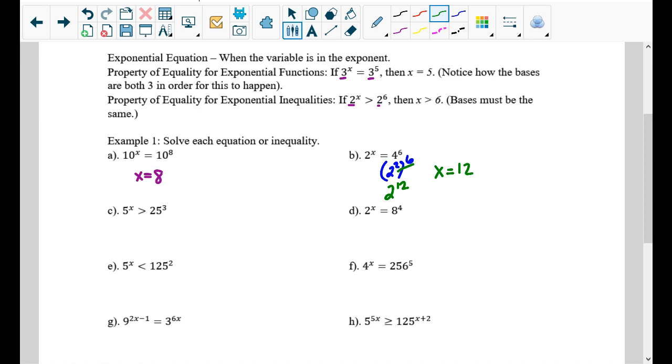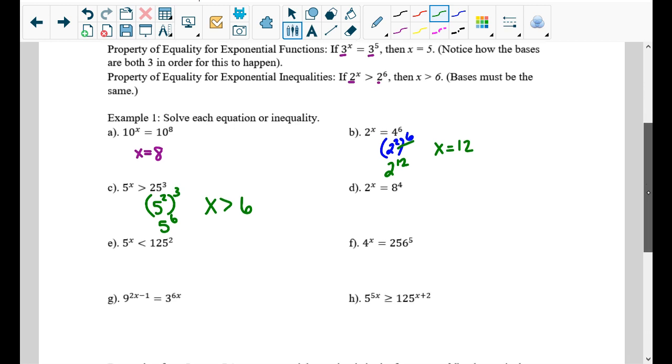So again, looking at the bigger number here, 25, well that is 5 squared. So now 5 squared to the 3rd power, again, 2 times 3 gives me 5 to the 6th power now. So then x is greater than 6. In letter D, 8.